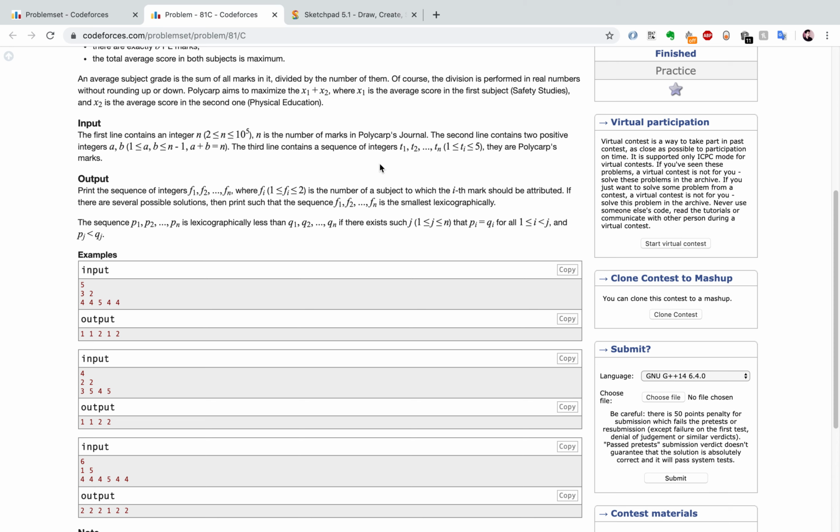Ideally, it depends on a1, and this is the answer. So eventually it depends on which one is higher, if it is B or if it is A. And depending on that, your values will change.